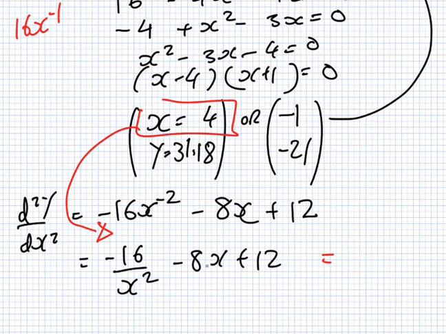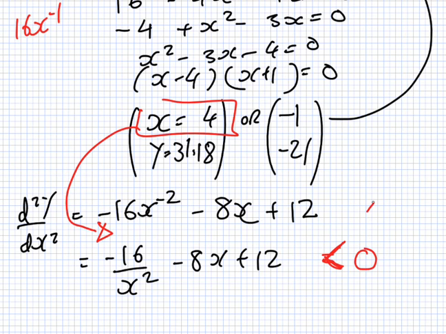Can you just put in 4 into that please and tell me what you get? Well, yes, I agree. I think it's less than 0. It's negative, yeah? So if it's negative, then we know what type of shape it is.